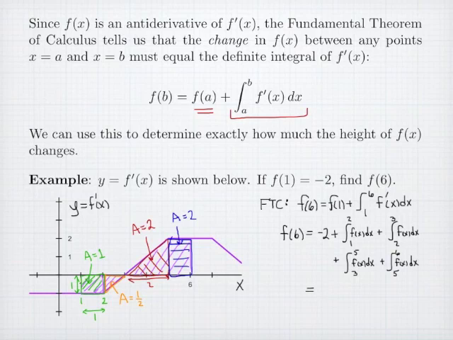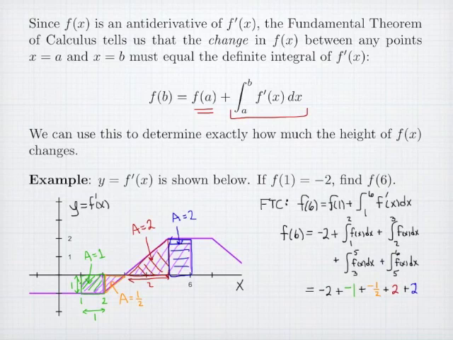The first two integrals correspond to negative areas. And so my area 1 gives a contribution of negative 1. The second integral, which was my orange triangle, gives a contribution of negative 1/2. At this point, my last two regions are above the axis, and so the integral from 3 to 5 gives a value 2, and the integral from 5 to 6 gives another value of 2.